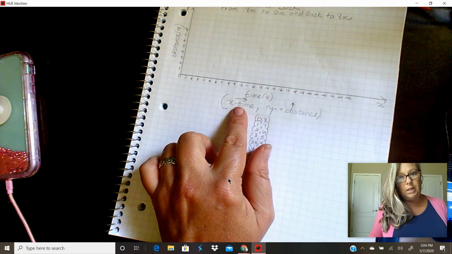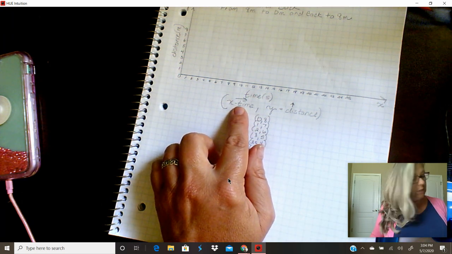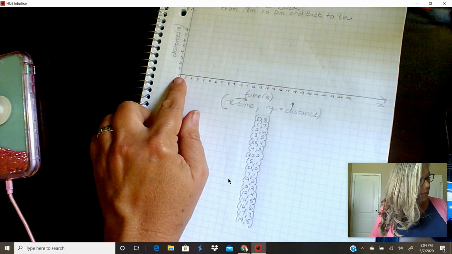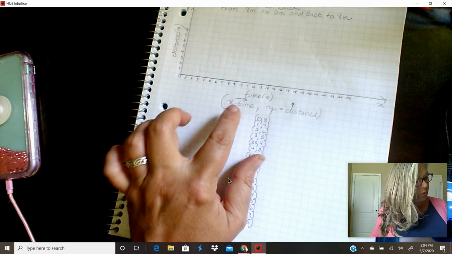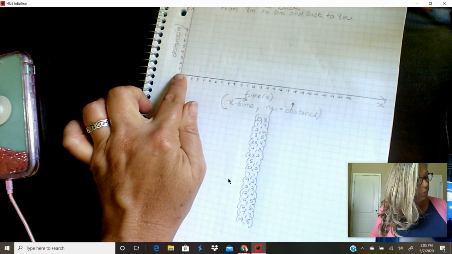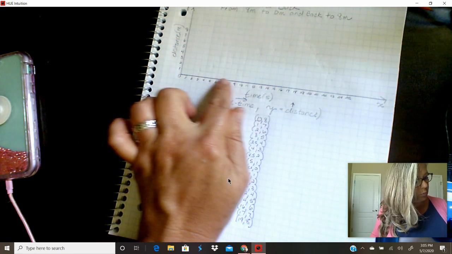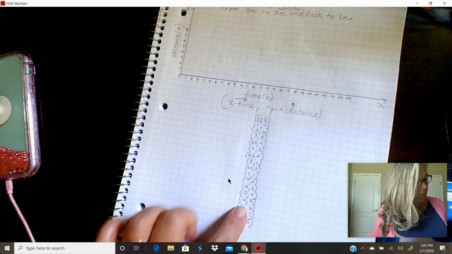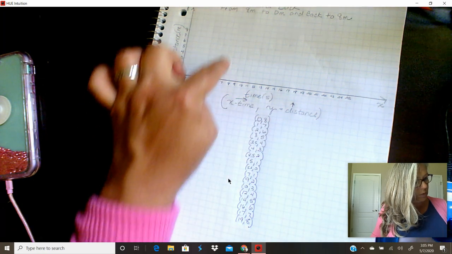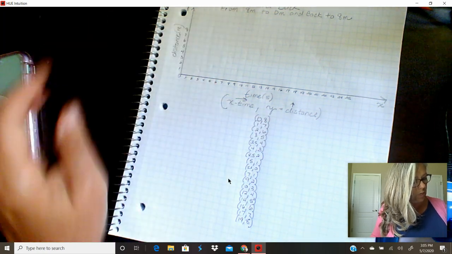Keep in mind that time is always represented on the x-axis, and you always do the time first. So when you're plotting coordinates, you go the number to the right for the first number first, and then the second number is the number that you go up on the y-axis.